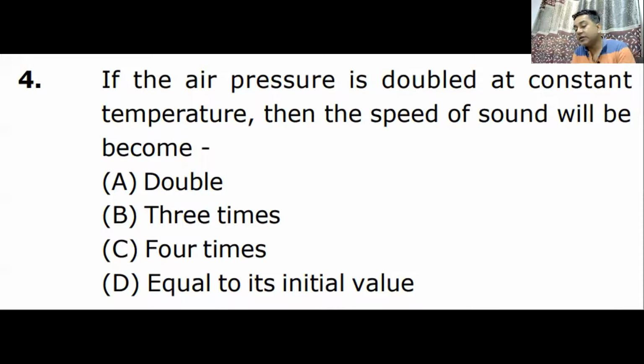If the pressure is doubled at constant temperature, what is the speed of sound? It will be doubled, it will be 3 times, it will be 4 times, it will be equal to its initial value. I want an answer for this. Can I have an answer for this?